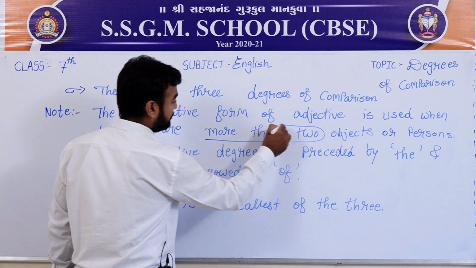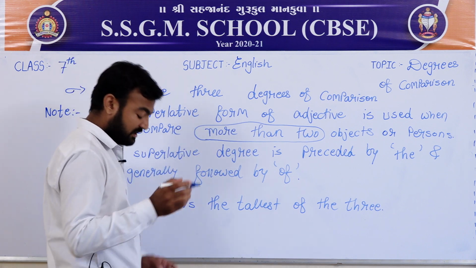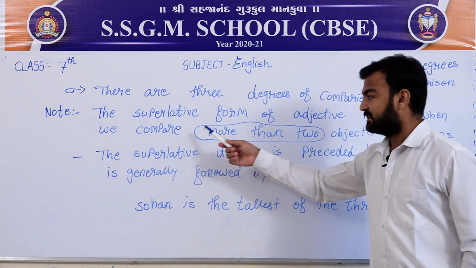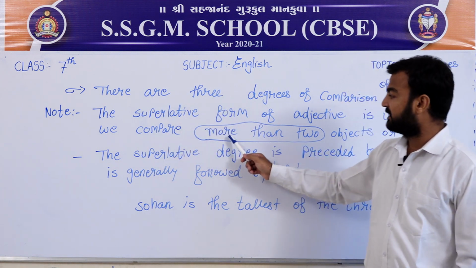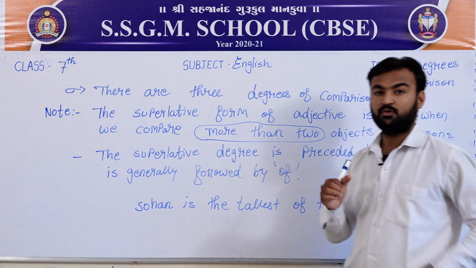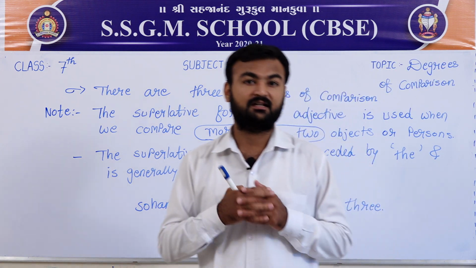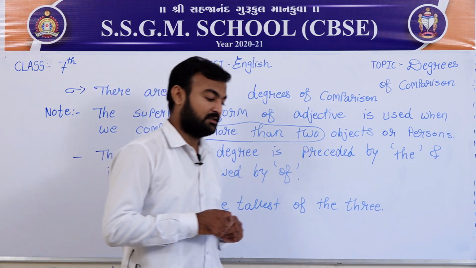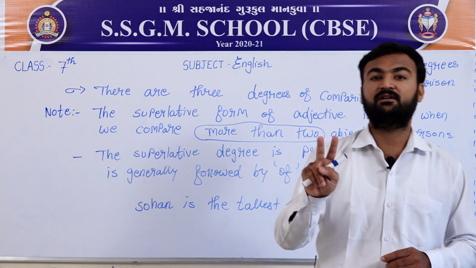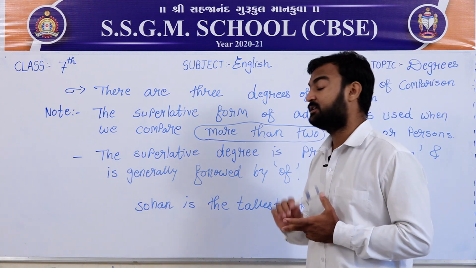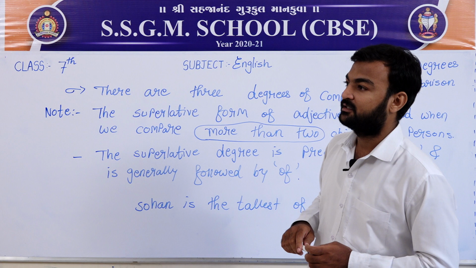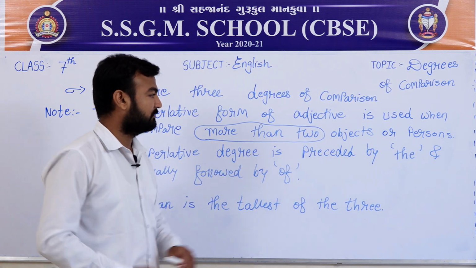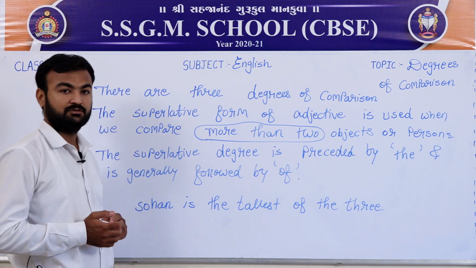Students, keep this thing in mind that when we have to use superlative degree, when we compare more than two, यानी कि दो से ज़्यादा को अगर हमें compare करना है, at that point of time we use superlative degree. But if we want to compare only two persons or objects, at that point of time we use comparative degree, not superlative degree.